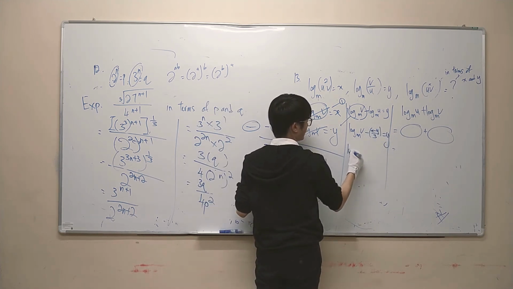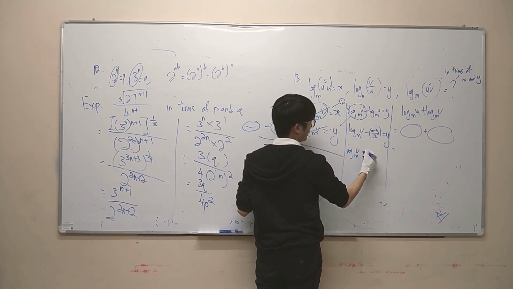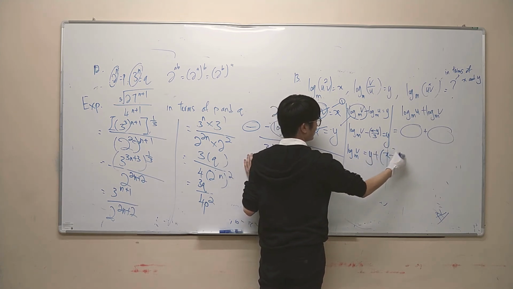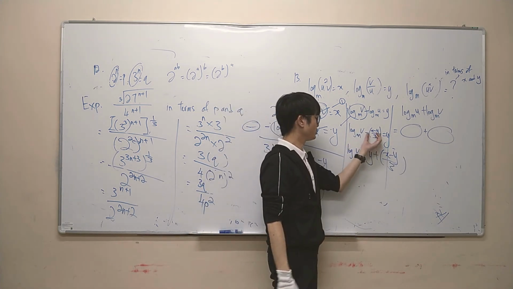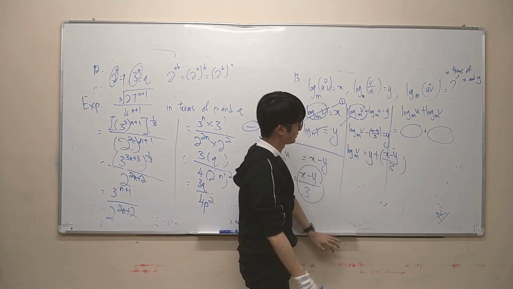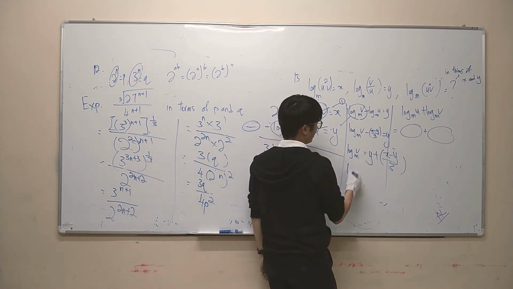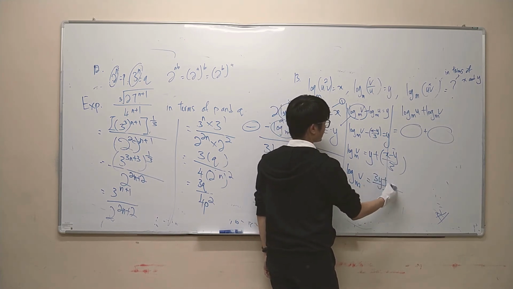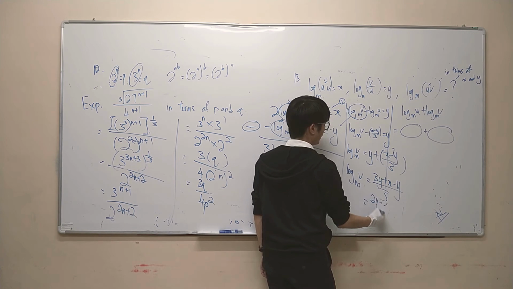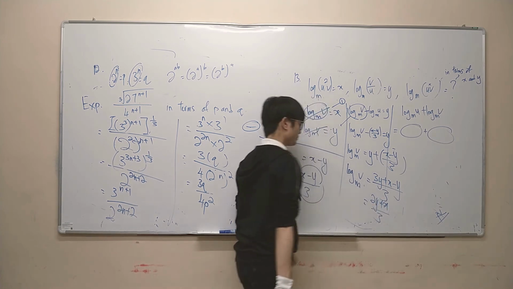So log v base n equals, just move the whole thing to the right side. The minus x minus y over 3 becomes plus, like this. So log v base n equals, put over 3, so 3y plus x minus y. So it becomes 2y plus x over 3.